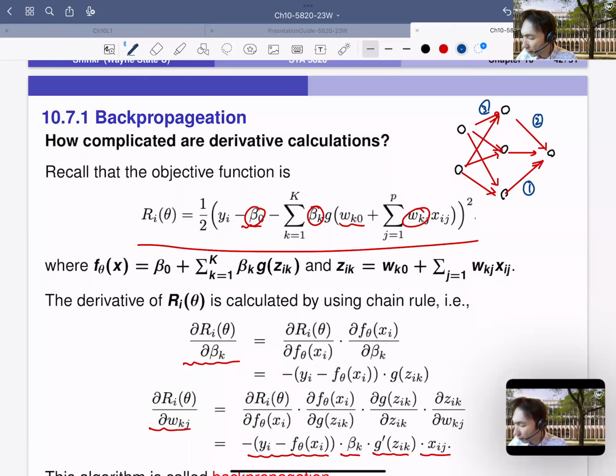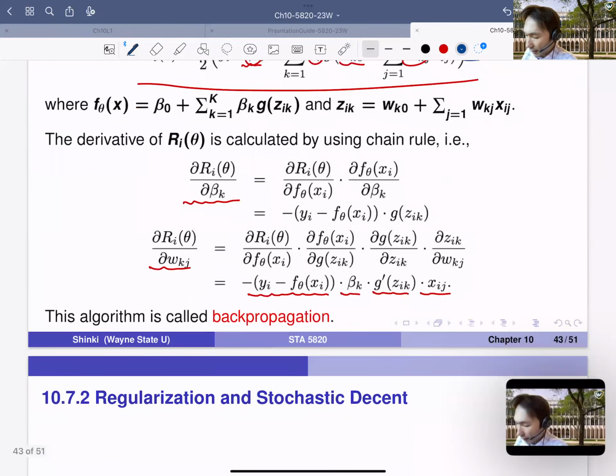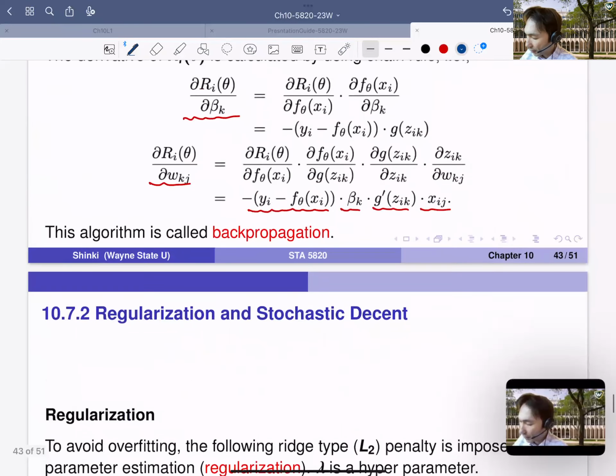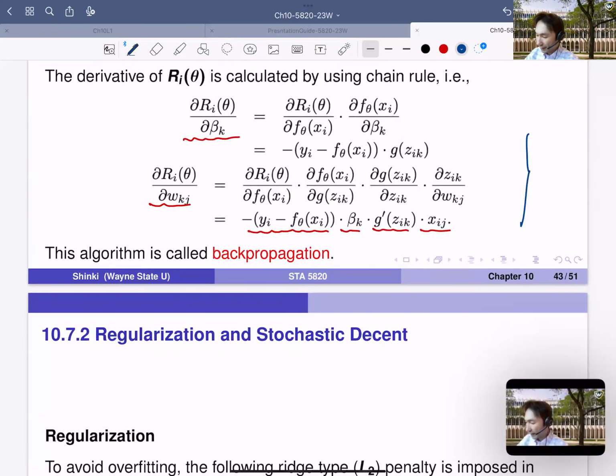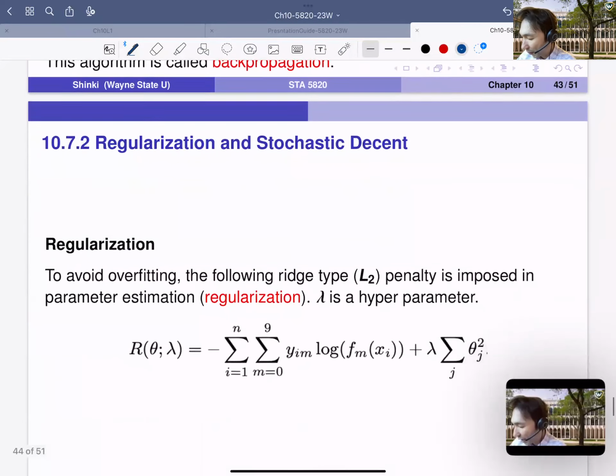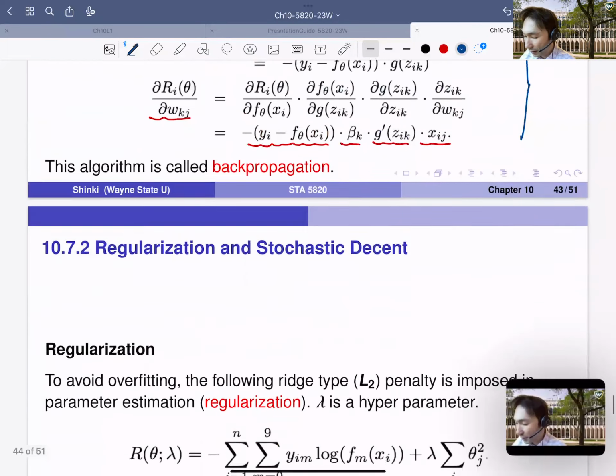So we go backward. So many parameters. This is the first step and this is the second step. So we update parameters backward. That's why we call this back propagation. We don't really need this knowledge to tune hyperparameters, but this is the algorithm to do that.